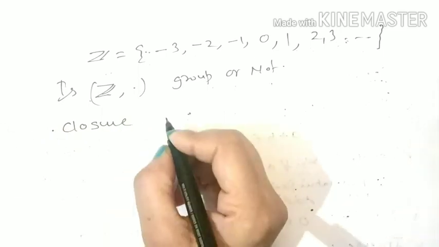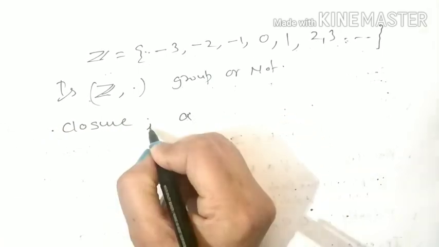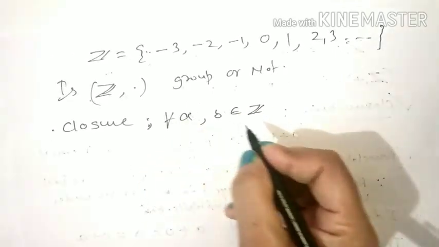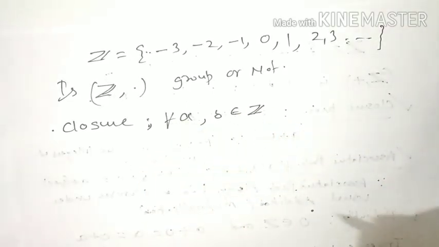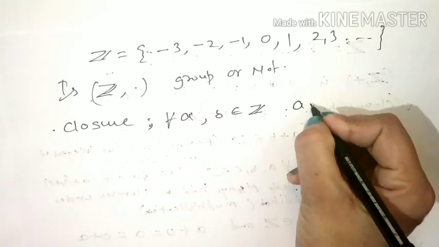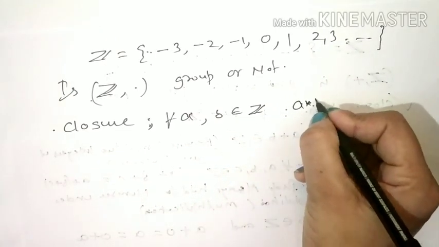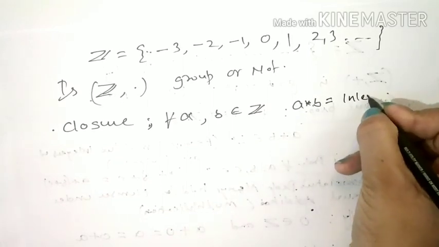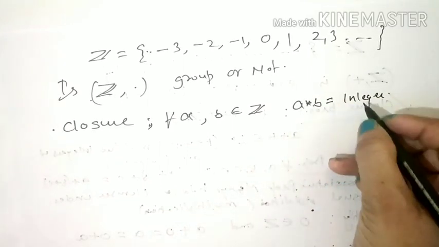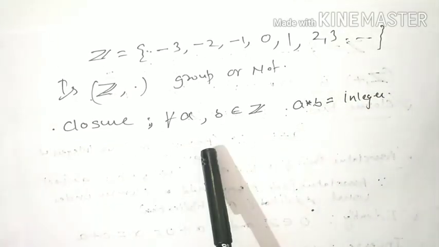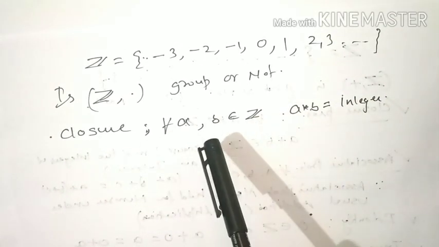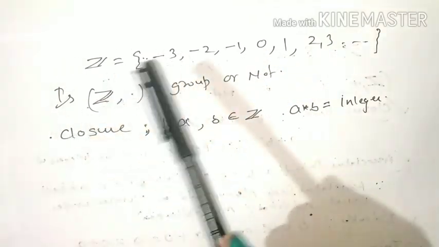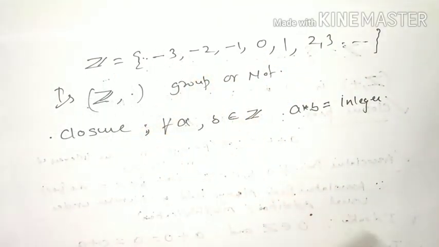So closure means if you take two elements A and B from Z, for all elements, this should be true, then their product, if you multiply these two, the answer is again an integer, because whether you take both positive integers or both negative integers or one positive and one negative integer, the answer will be from the same set. Multiplying two integers gives us an integer as the answer.